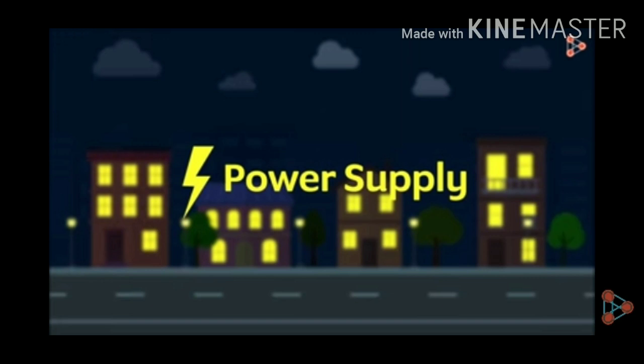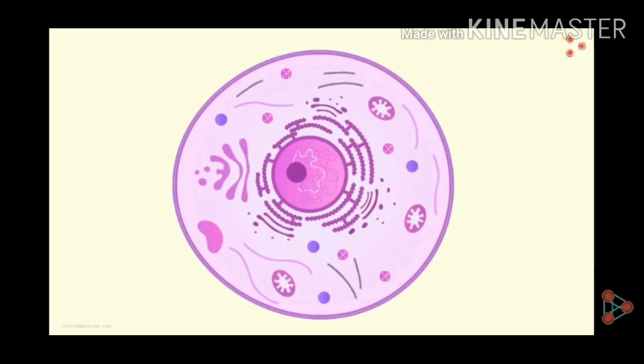In this diagram, I want to discuss with you the supply of power which comes from the powerhouses in which electricity can be generated. So students, this is the diagram for the cell, and each cell consists of so many components which are known as cell organelles.